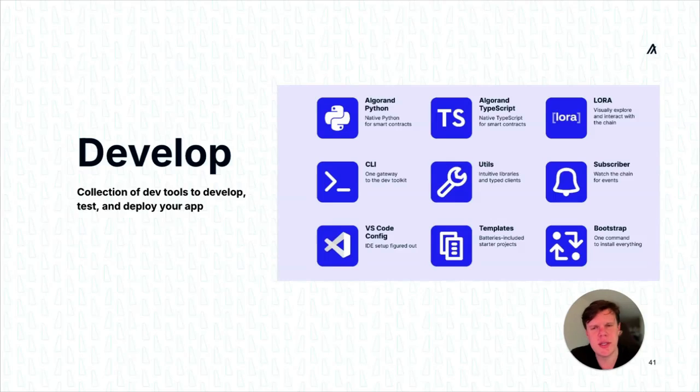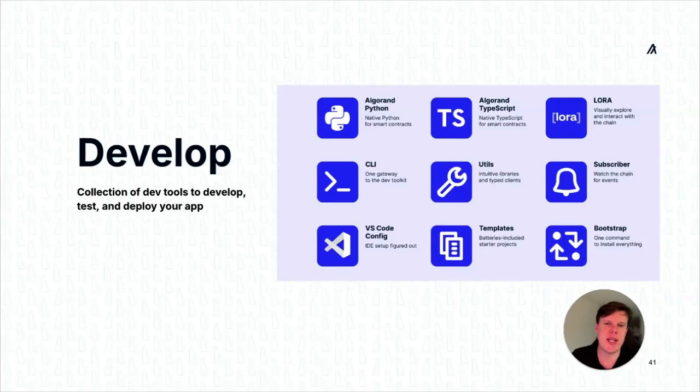Another really great tool that we'll be using a lot in this course is LoRa. LoRa is a visual explorer that lets you inspect and interact with the Algorand blockchain in a user-friendly way. It's kind of like a dashboard where you can see what's happening on the chain, like transactions, account balances, or asset details. You can use LoRa to visually explore transactions happening on the blockchain, and you can use it to interact with your smart contract as you're developing it.